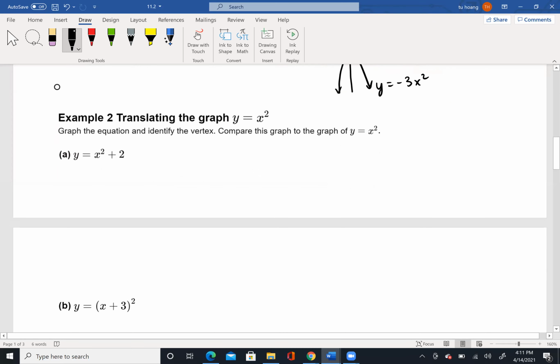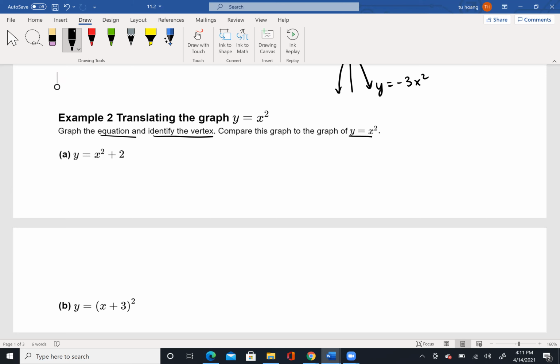So let's move to example number 2. Translating the graph y equal to x squared. Graph the equation and identify the vertex and compare this graph to y equal to x squared.